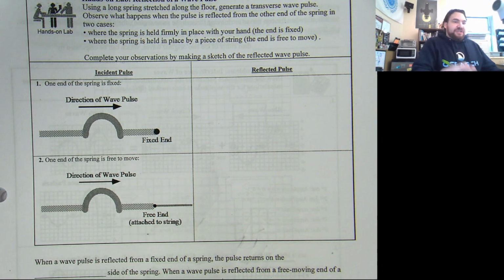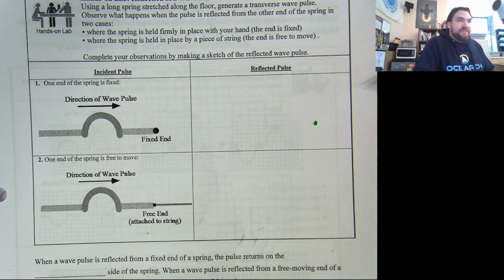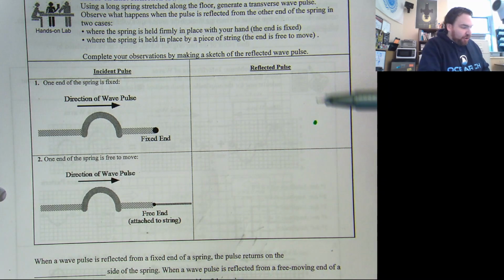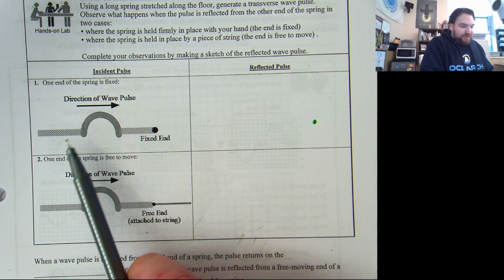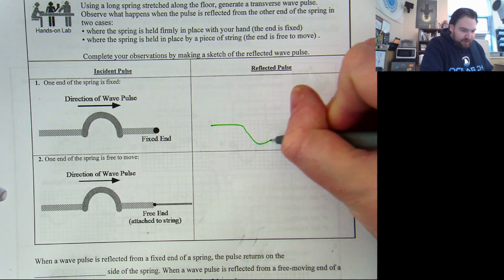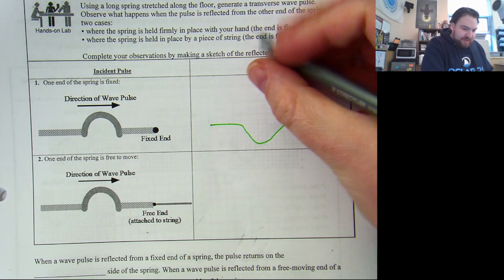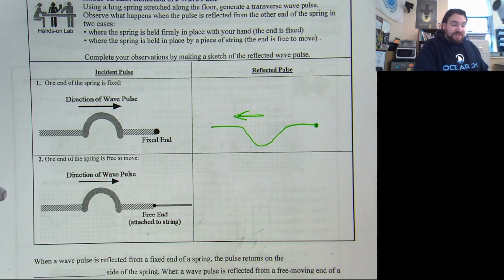So we're going to draw what we just saw. For a reflected wave pulse coming in and hitting a hard end, the direction of the wave pulse was in and it was up. On the way back, the direction was that way, but it flipped when there was a fixed end.